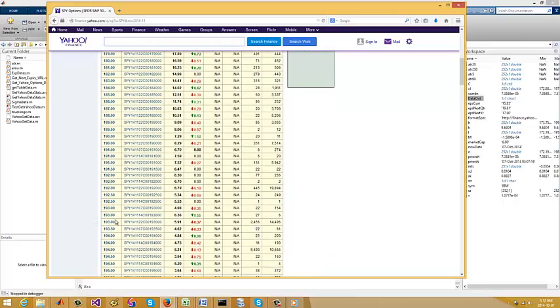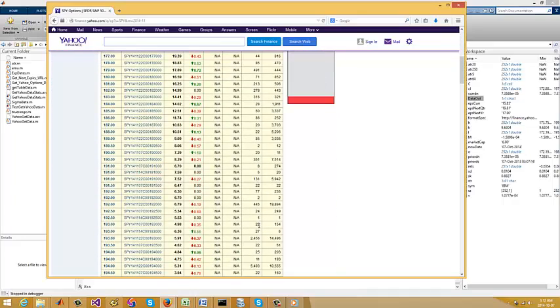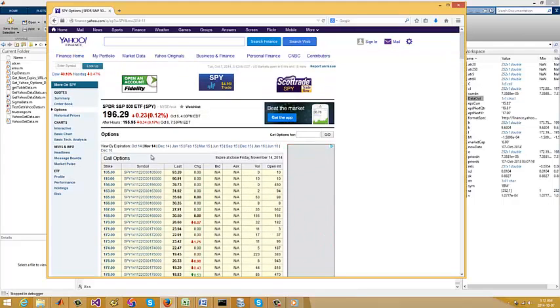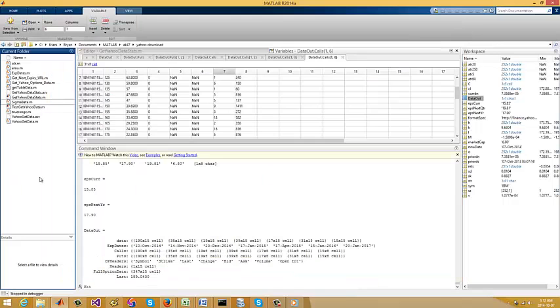But you can see here for this contract, we have volume of 2,400, and volume of 5,400. That's the sort of numbers we like to see for liquidity. So we know that there's still some liquidity for this month, for November, for SPY. In my example, that doesn't exist in IBM. So hopefully the other videos will detail it more.